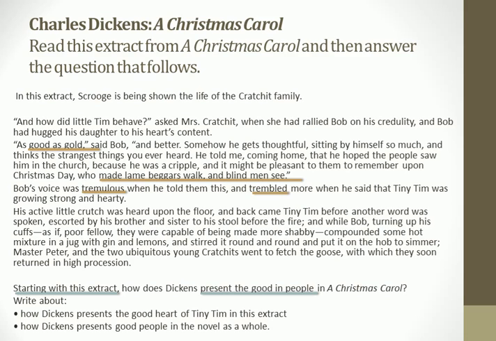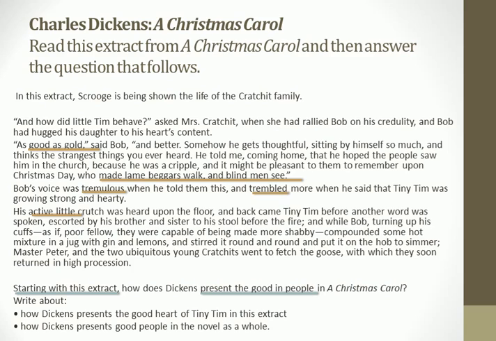We see then the goodness in Bob, his care for his child, his love for his child, his determination to have a positive outlook perhaps in front of Tiny Tim as well, even though the truth is the family are aware that Tiny Tim is not well and is worsening.